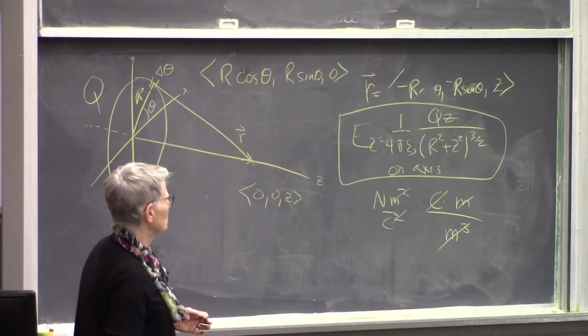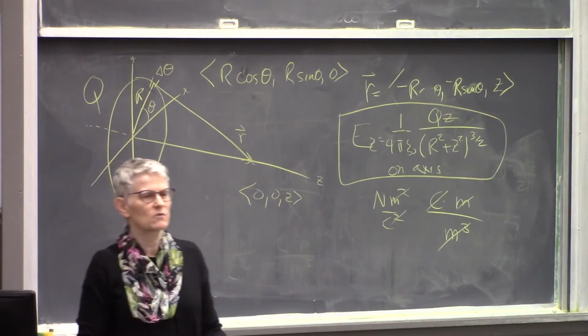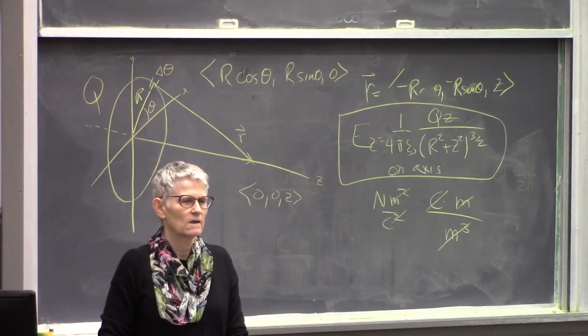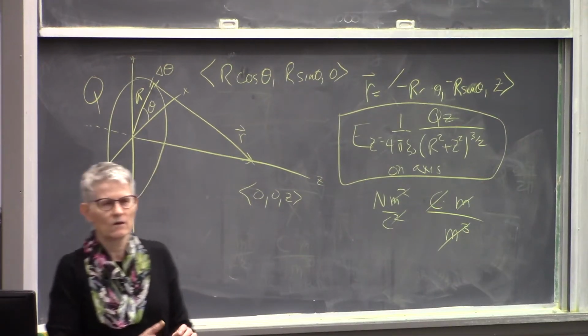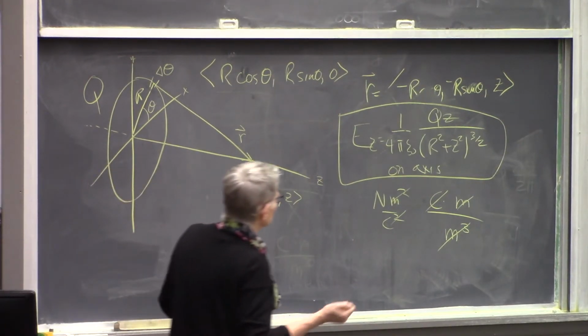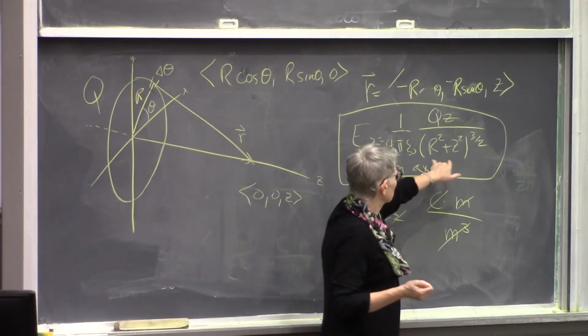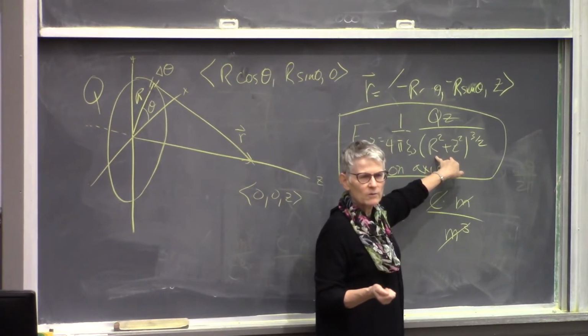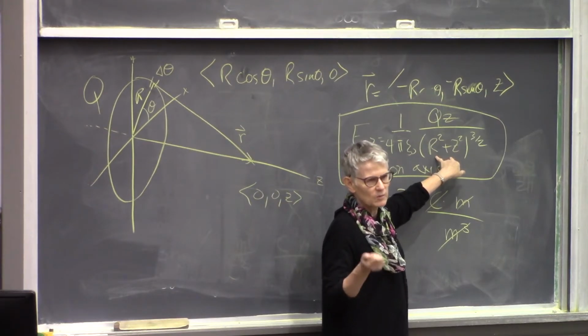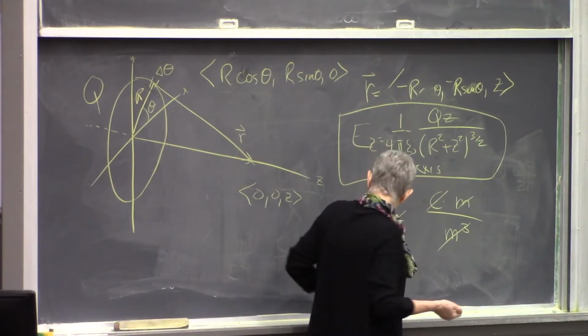Okay, what happens? So what about this? Does it look like a point charge when we get really far away? So what does it mean in terms of these algebraic quantities to get far away from the ring? What is bigger than what? Z is much bigger than R, isn't it?